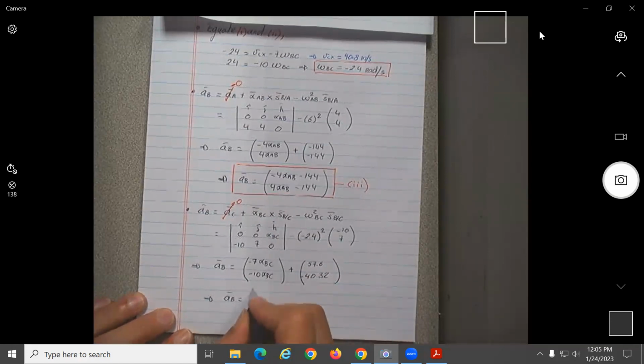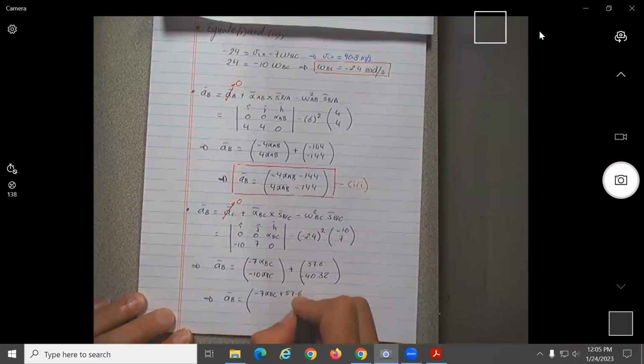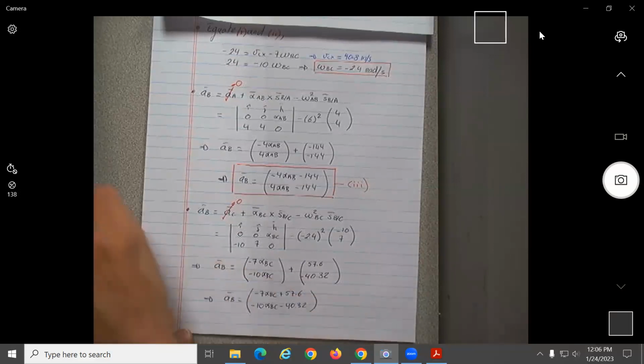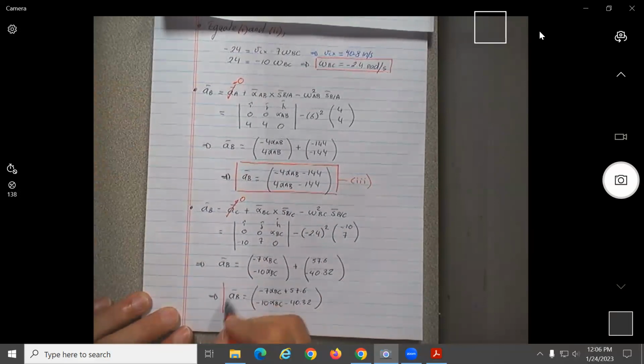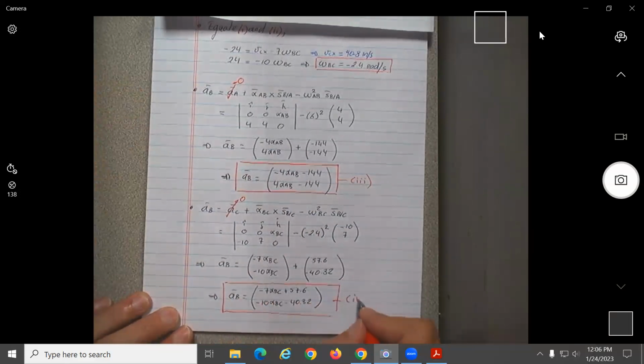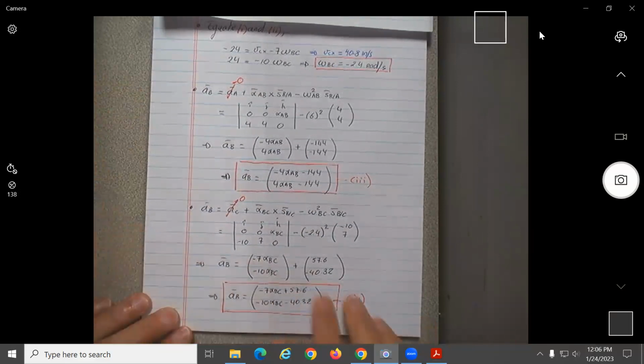So the second expression would be negative 7 alpha BC plus 57.6 minus 10 alpha BC minus 40.32. And this should be equation 4.